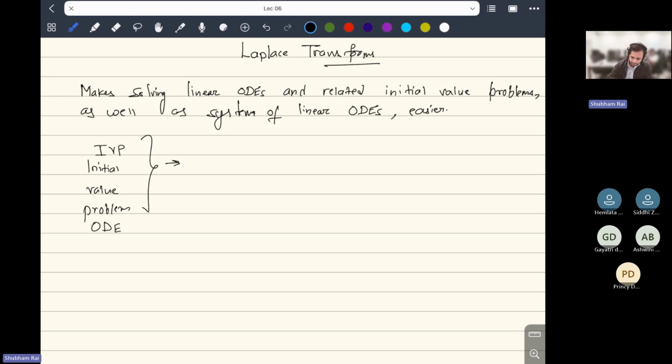Of course, we are going to solve only linear ordinary differential equations. For nonlinear ordinary differential equations, we have numerical methods, but this is not a numerical method. So using Laplace transforms, firstly we will apply the Laplace transform.